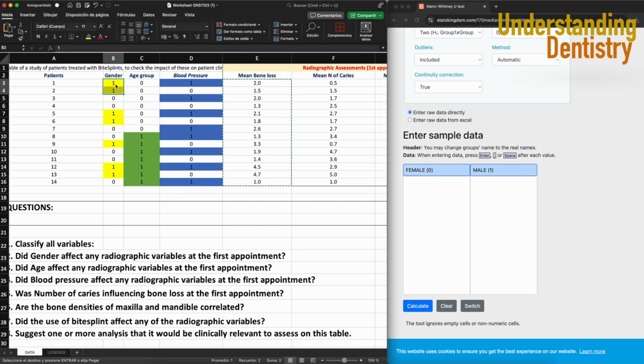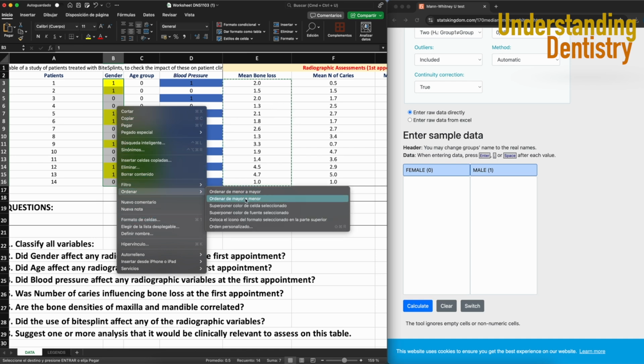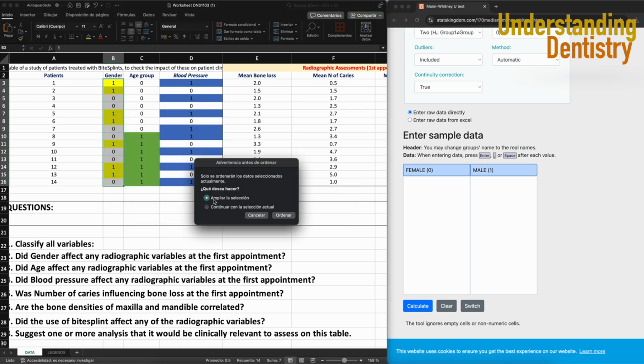So a very simple trick of Excel: I will select all my data here, all my rows, and I will right-click, and then, this is in Spanish, but it's just order, then order from lower to higher. And then expand the selection, or grow with the selection, doesn't matter.